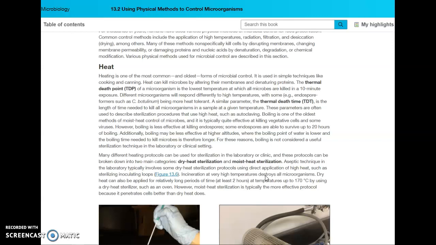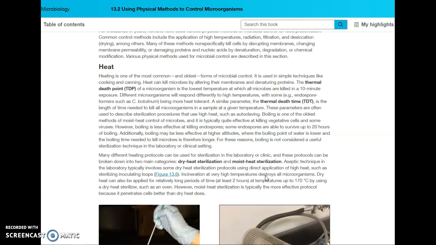Denaturation or denaturing of proteins is when we alter that structure. We alter that shape of the protein. If we alter its structure in any way, we change its shape or we interfere with some of those amino acids, then that protein can't work anymore. And heat is one of the ways that we can denature proteins.